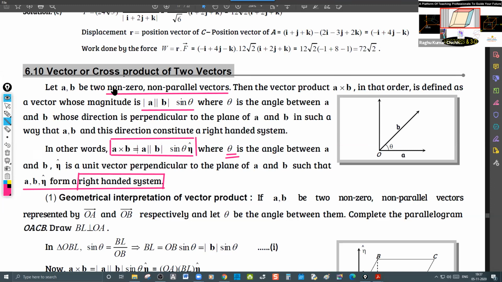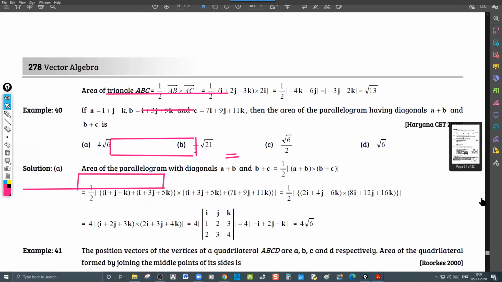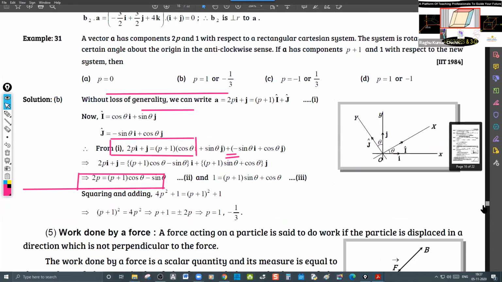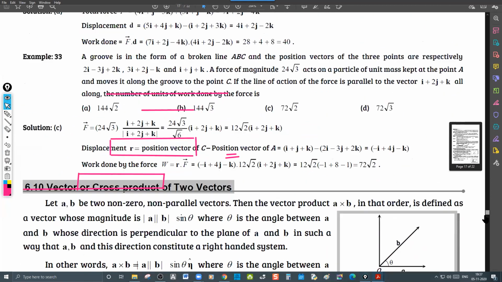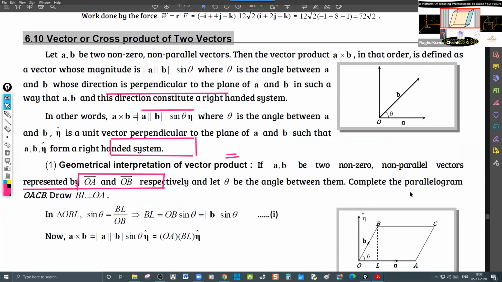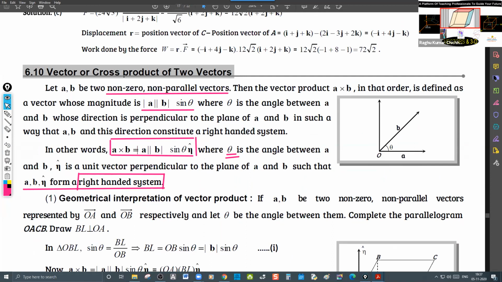Both A and B forming a right angle, theta should be equal to 90 degrees. I kept a right-handed system in the box also. Just see that. What is a right-handed system?